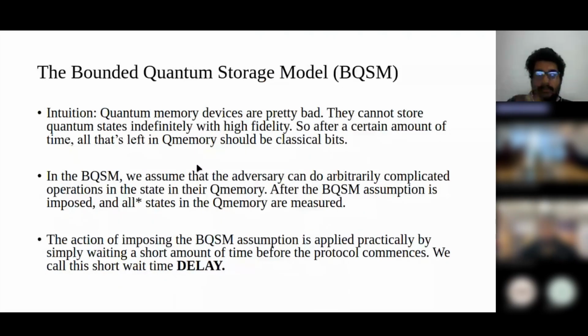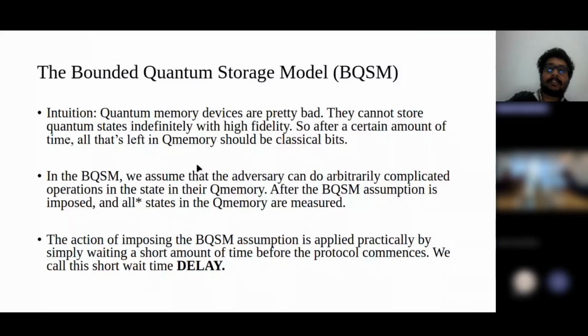So this assumption you can explain in two ways. One is a very practically motivated way. For example, if you have any idea about the kind of hardware that people are using in labs, or the kind of experiments that have been done, you would know that good quantum memory, which can hold quantum states with high fidelity for a very long time, doesn't exist yet.